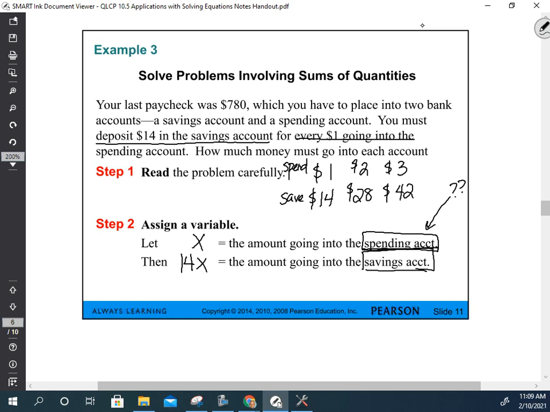Let's think about why that makes sense. 1 times 14 gives you 14. 2 times 14 gives you 28. 3 times 14 gives you 42.